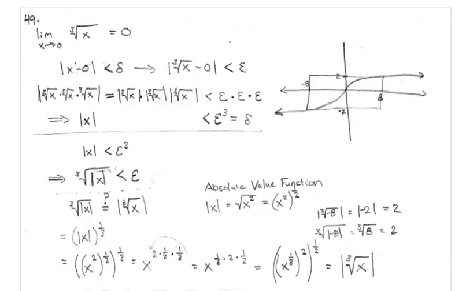and one thing that we do is I say, all right, well, if I want the cube root of x to be less than epsilon, and I assume let's pretend like this is true for a minute, then if I cube both sides, I would know that this is also true.